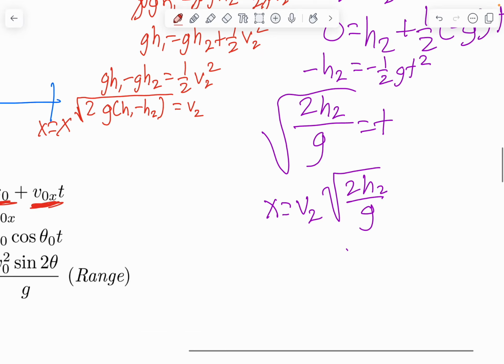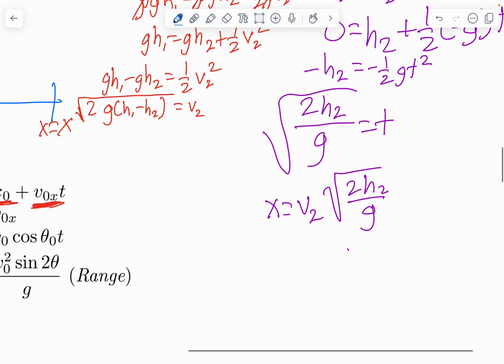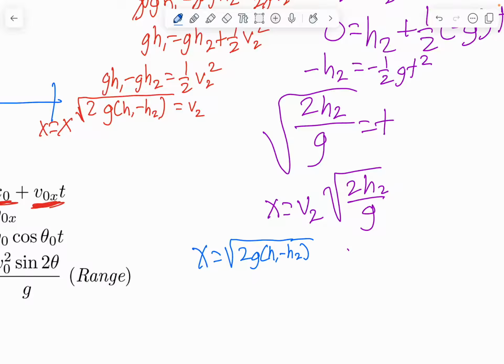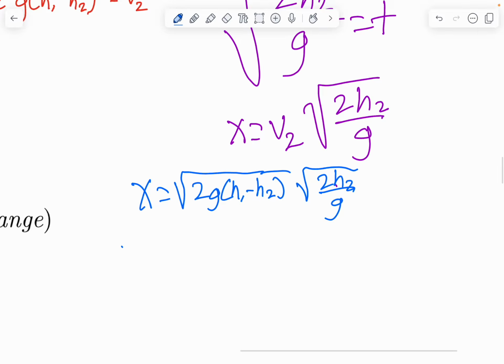And then I'll put that into this v2 over here. So it ends up being x is equal to the square root of 2g(h1 minus h2) times the square root of 2h2 over g. So I'll just square root everything and multiply together.